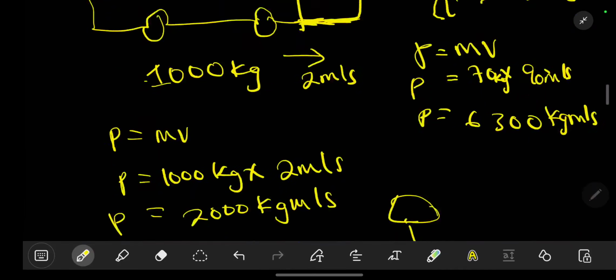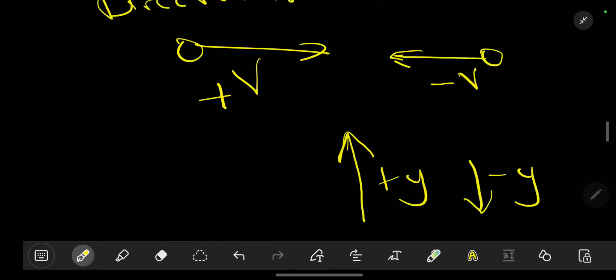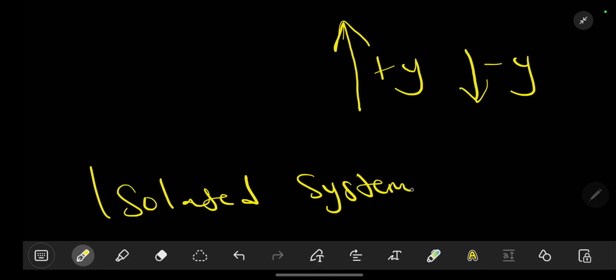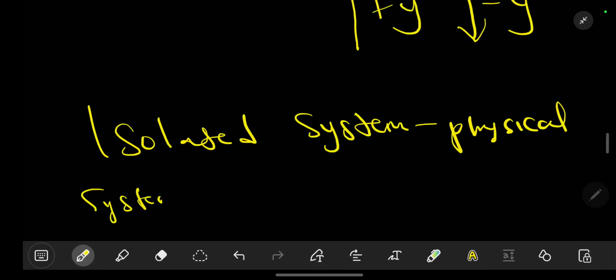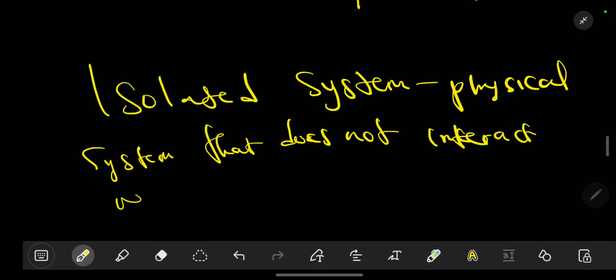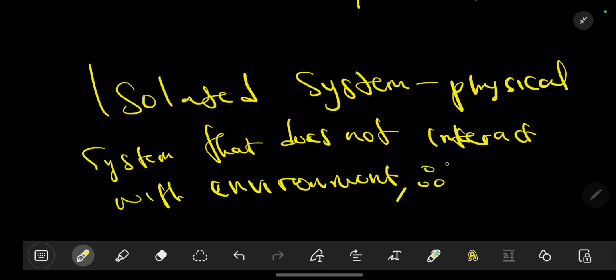Now, with that said, under momentum we are going to have what we call an isolated system. An isolated system is simply a physical system that does not interact with the environment. Therefore, momentum is conserved.